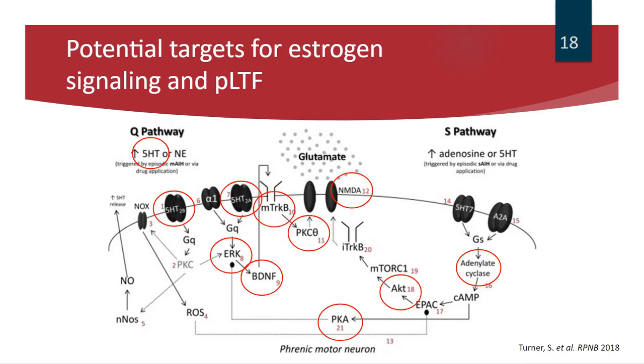It can also work postsynaptically to modify serotonin receptors. And so estrogen, or the presence of estrogen, could be working directly at that level to affect these downstream pathways. But as you can see, there are a number of different targets that we need to shoot for, which is a little bit daunting, but also very exciting.